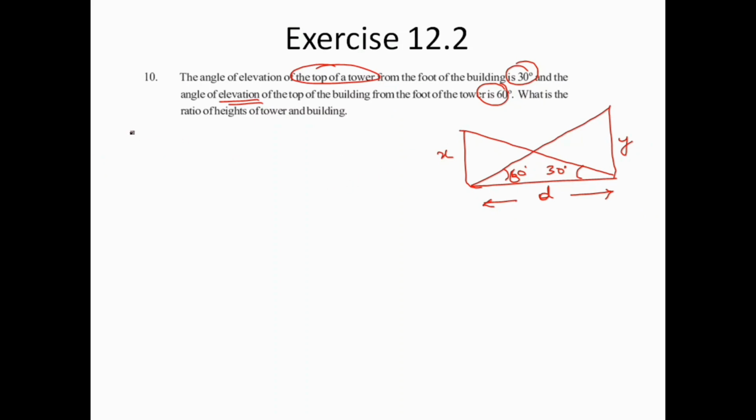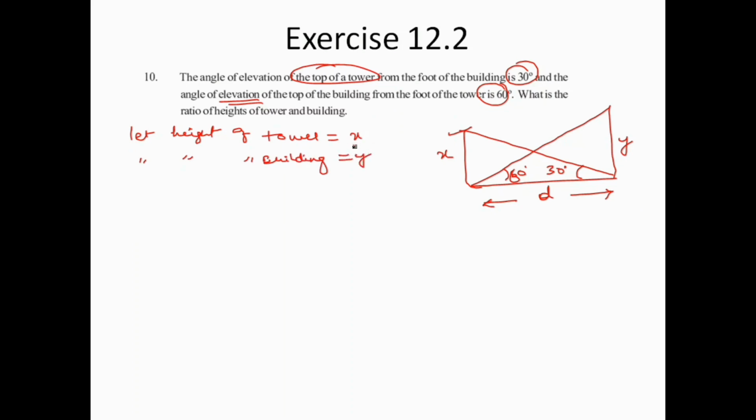Okay. So let me take the height of the tower as x meters. So this is your required x. Let the height of the building be equal to y meters. Okay.